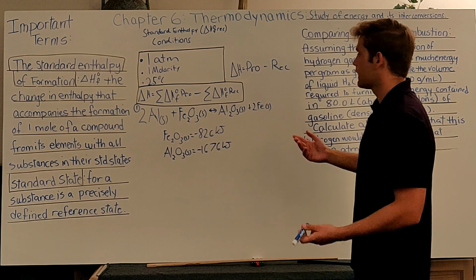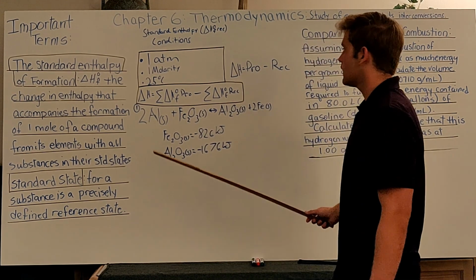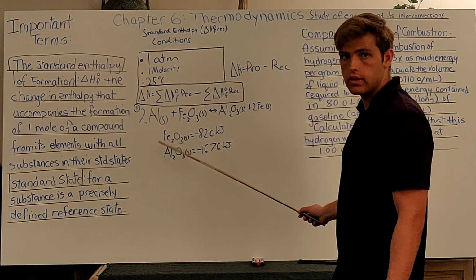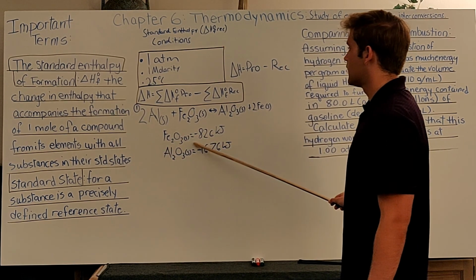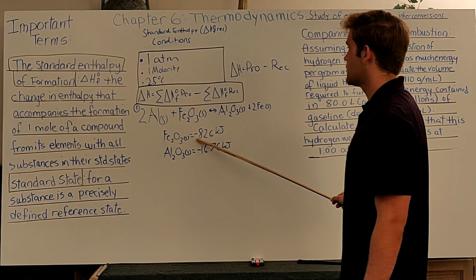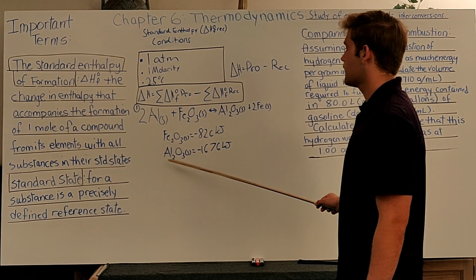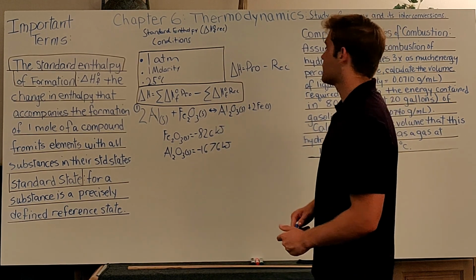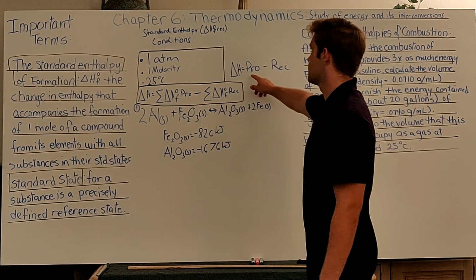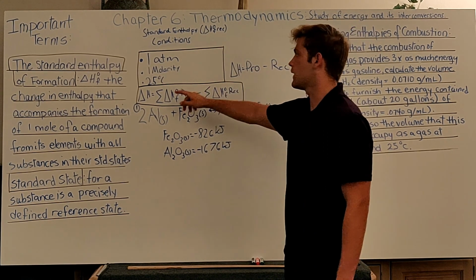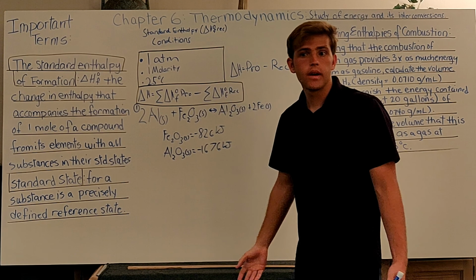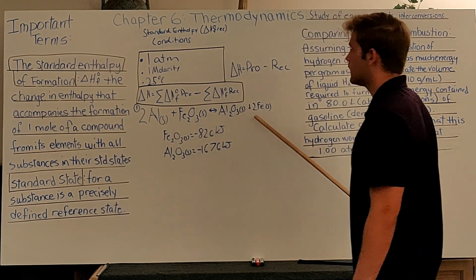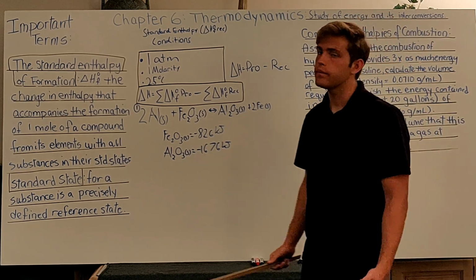So here we're given a problem equation, and we were given in the problem the energy of iron oxide and aluminum oxide, and from there we're supposed to figure out products minus reactants to find the delta H. Well, we weren't given what 2 aluminum is and 2 iron is. Well, that's alright.